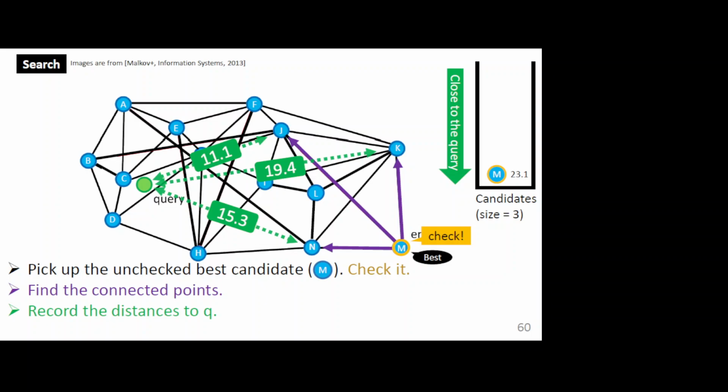Okay, so now I get the 3 other points and the distances, so I can update my queue. You see, the queue is updated, and we sort it according to the distance. Because we can store at most 3 points, you have to remove 1. The N is removed. Okay, any problems?